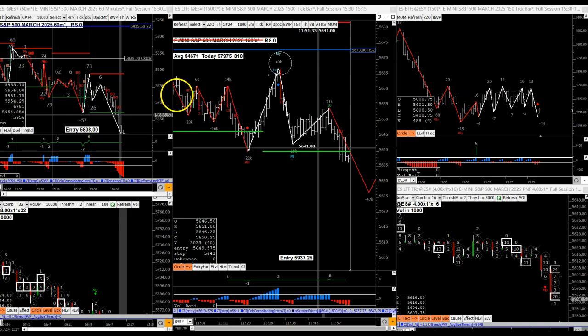And when price tried to go up, it kept meeting resistance. Every time there was a green bar, there's a red bar. Every time there's an up bar, there's a down bar. You can see that in this range, in this area.